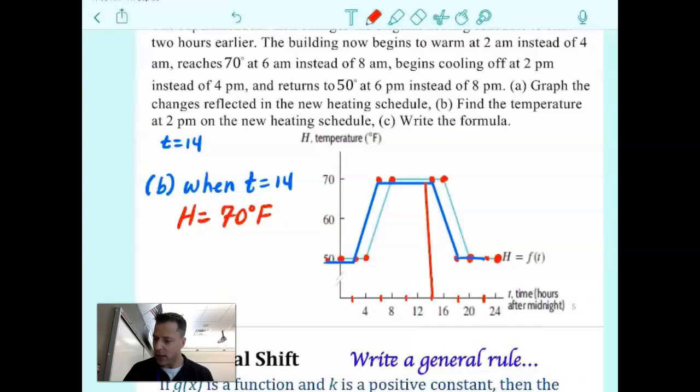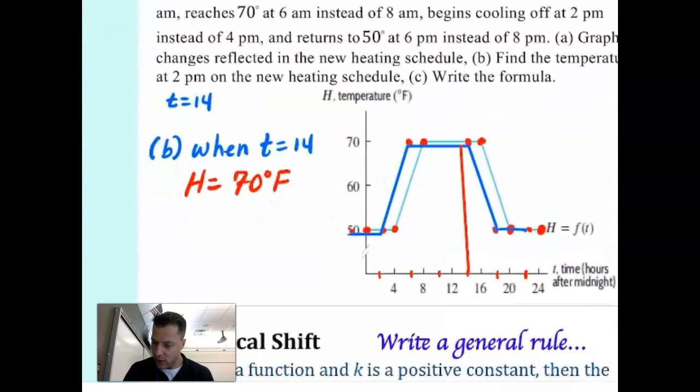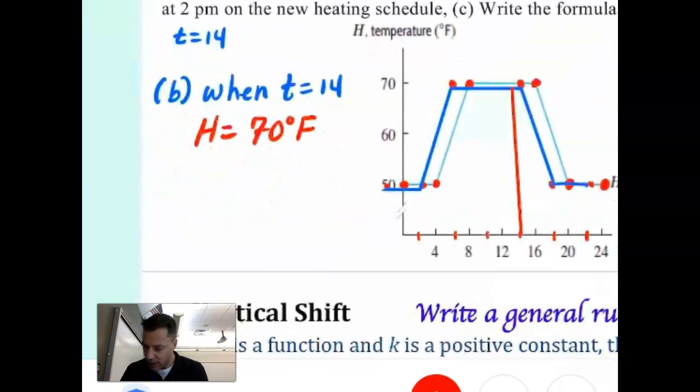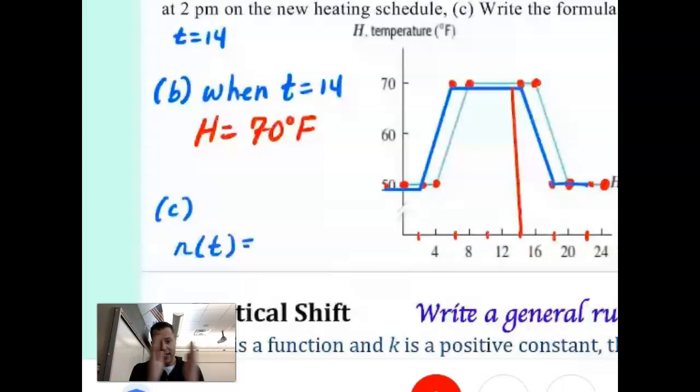And in part C, they want an equation. So let's say the new temperature is going to equal, now we mess with the inside, we mess with the input value, so we're actually going to shift this. It's going to be T plus 2. We didn't change the output, we shifted the T value. And you're thinking, well, Mr. Bennett, I moved left 2 units.